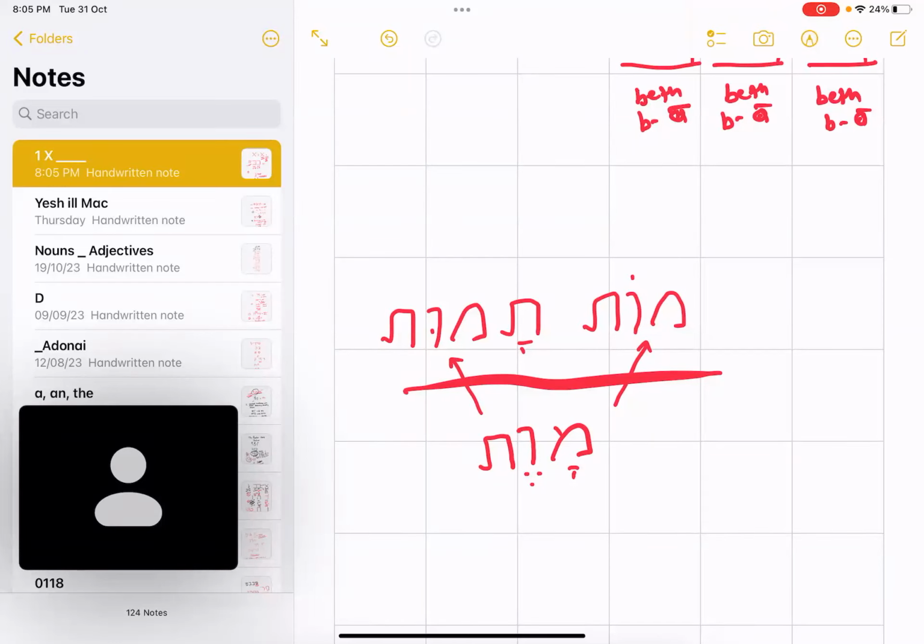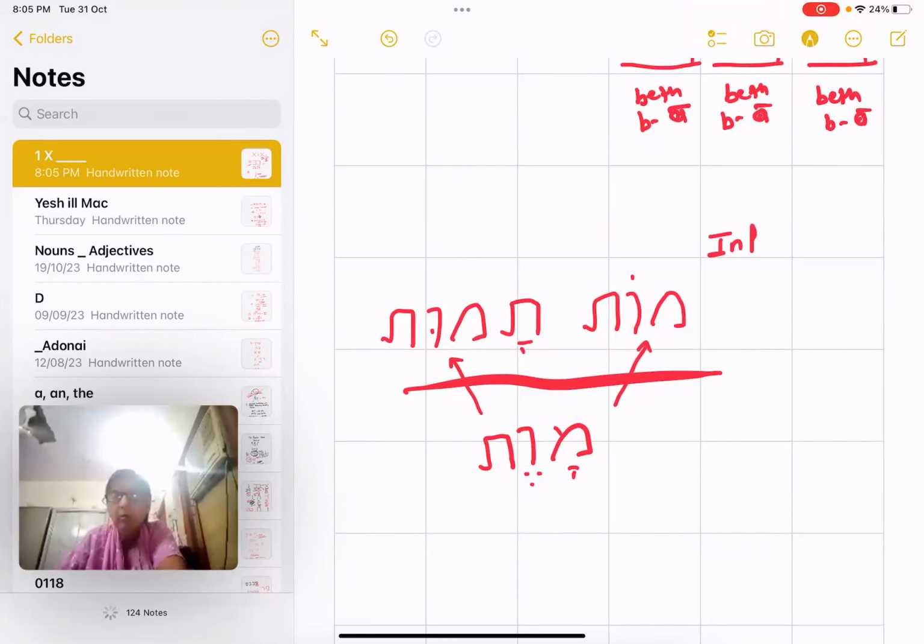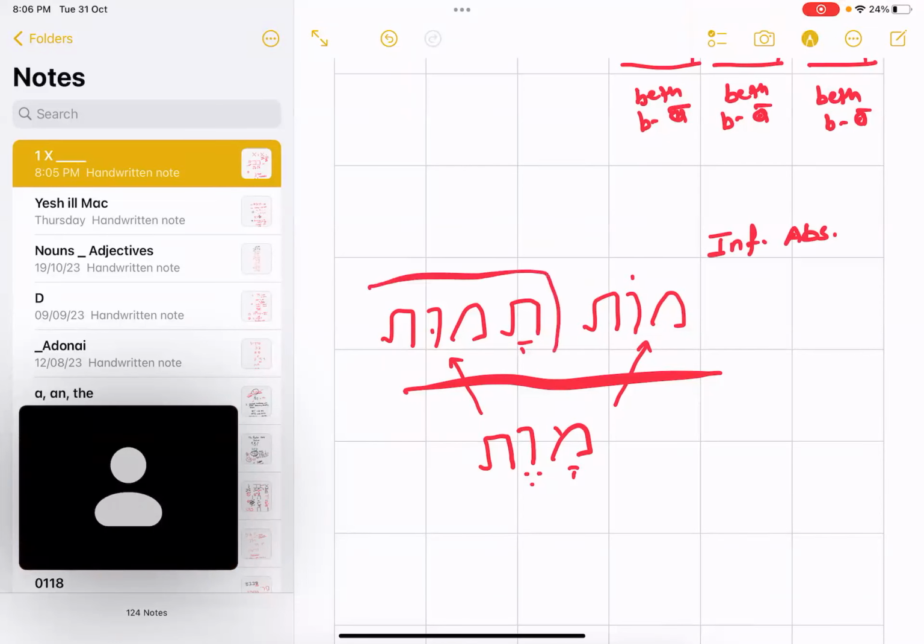Now, this infinitive absolute comes before a finite verb. Before this verb, this infinitive absolute comes. Fine. Now, because the second root letter is wow, we cannot insert wow again after this second root letter.